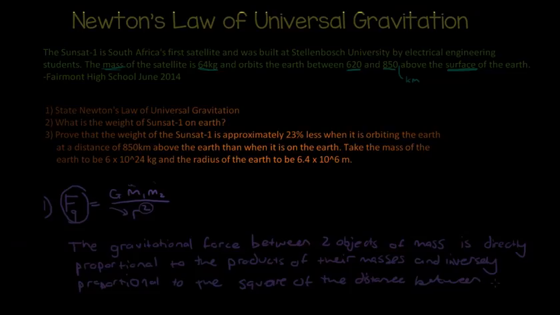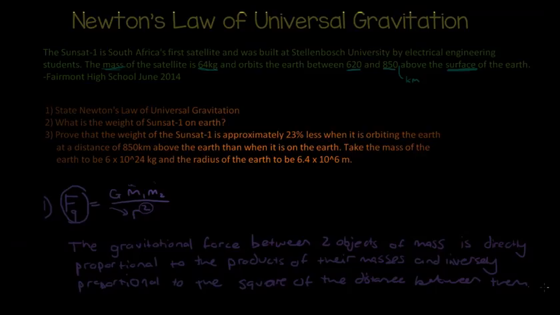Oh, and the handwriting is just getting worse. Whenever you write the law, you just want to read through it one more time, just to make sure you've written everything in proper English. So the gravitational force between two objects of mass is directly proportional to the product of their masses and inversely proportional to the square of the distance between them. 100%, you'll get your 2 marks for that.